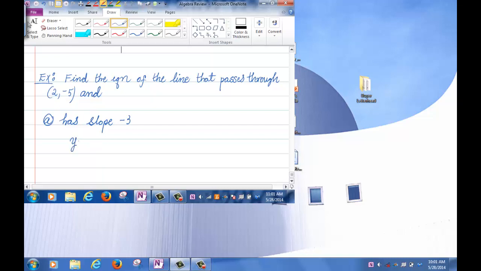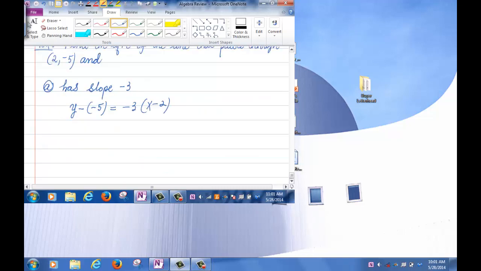Y minus -5 is equal to the slope multiplied with x minus 2. So that's the equation of the straight line. You can simplify that, but I'm not going to bother at this point.